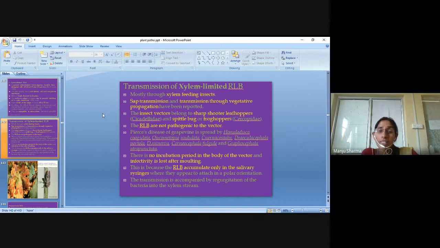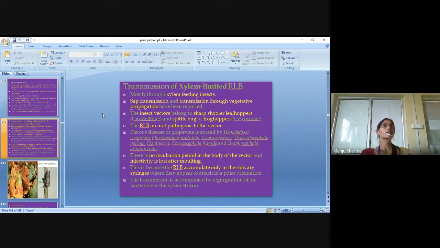Then Pierce disease of grapevine is spread by Homalodisca, Cuerna, Oncometopia, etc. There is no incubation period in the body of the vector, and infectivity is lost after molting.